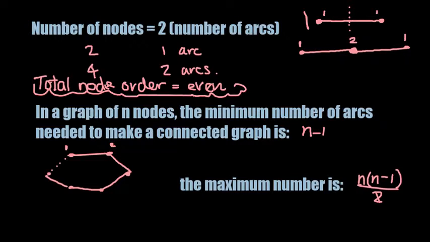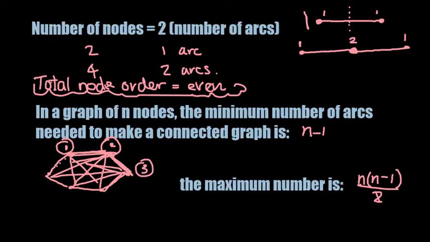The maximum number is n(n minus 1) over 2. And the reason for that is, well, let's have a think. For this first node, I could connect up to 1, 2, 3, 4, 5 choices. The second node, I've already made that connection, but I could make 1, 2, 3, 4 connections. The third node, that one's made, so I've only got 1, 2 and 3 to make.